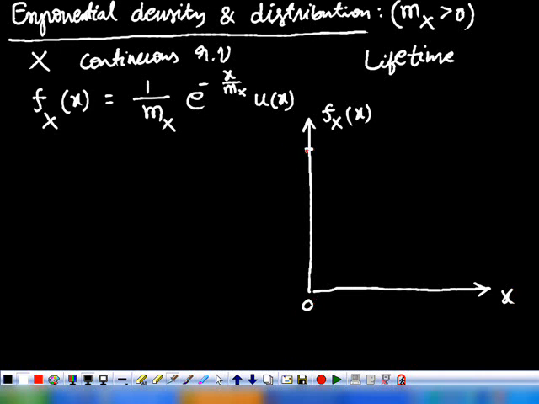When x equals 0, its value is 1 by mx, and it goes on decaying exponentially. So these two lines meet at infinity because e power minus infinity is 0. So this is the probability density function of the random variable that is distributed exponentially.